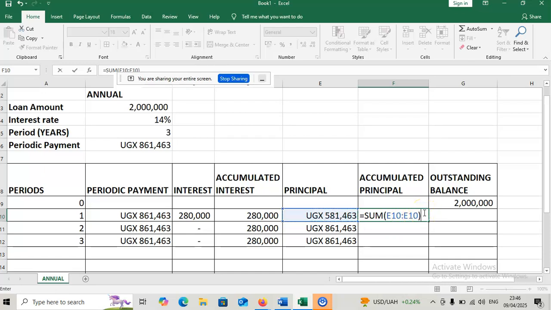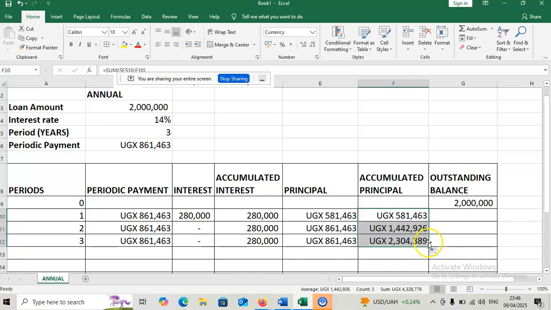Just close the bracket, then come back, press the F4 button. Then enter, and you drag down. So that is the amount of money that, when you go to the second year, you know that by the second year, this is what I have so far paid to recover the loan, and you're able to know what you're left with.